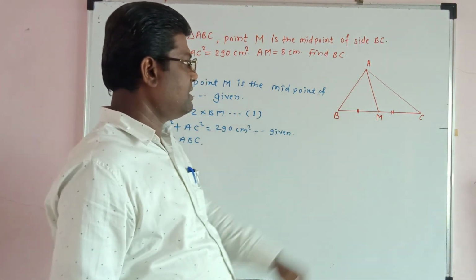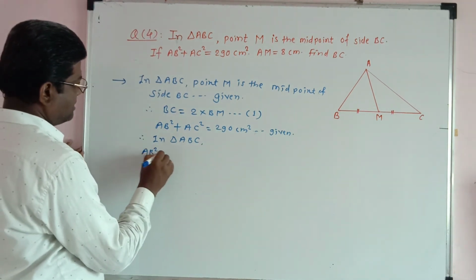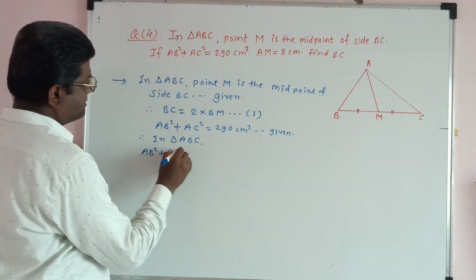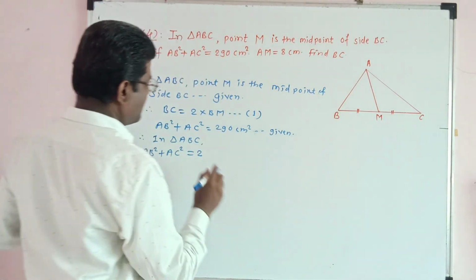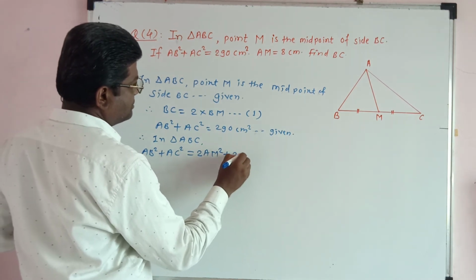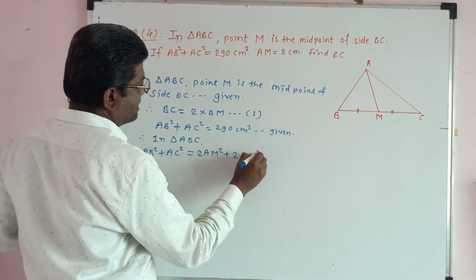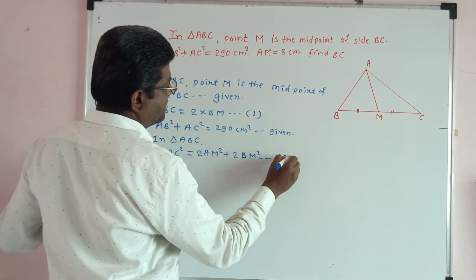AB square plus AC square is equal to 2 into AM square plus 2 into BM square.